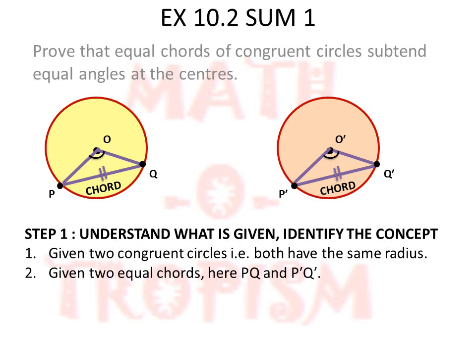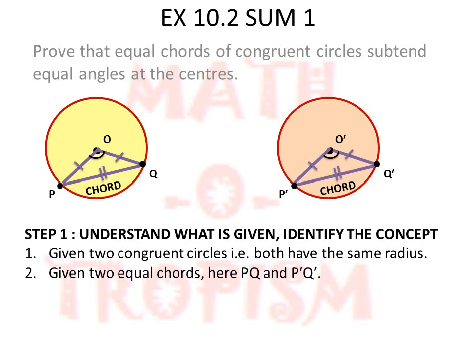We can see that the two chords are equal, and since the radii are equal for both the circles, OP will be equal to O dash P dash, OQ will be equal to O dash Q dash, and also OP and OQ are equal.